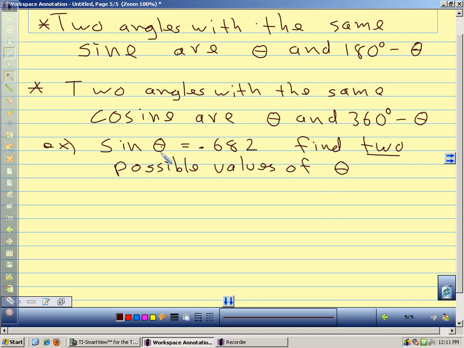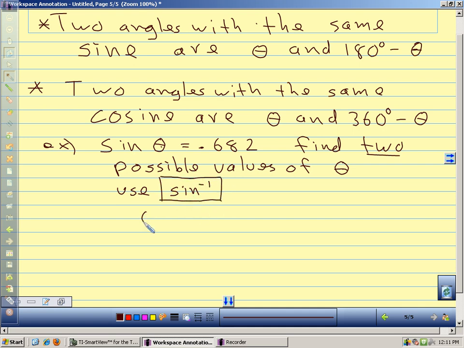So we have the sine ratio, and we need to find the angle. So what do we use to find the angle if we have the sine ratio? Sine minus 1. So we do the inverse sine. We're looking for an angle, so we use an inverse.